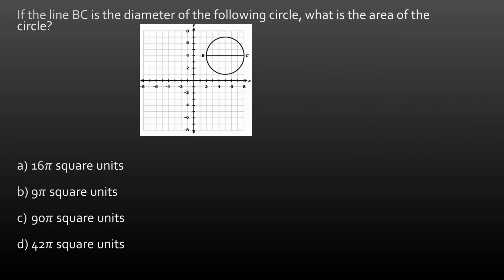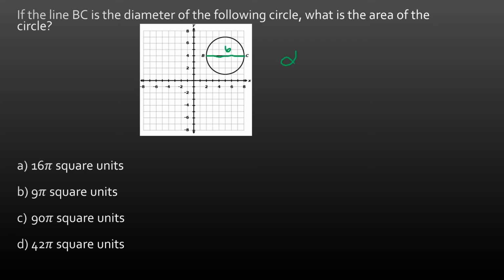Our next question says that if the line BC is the diameter of the following circle, so this here is the diameter, what is the area of the circle? Okay, so let's first count how many tiles across I'm going with this diagram. Starting at B, 1, 2, 3, 4, 5, 6.